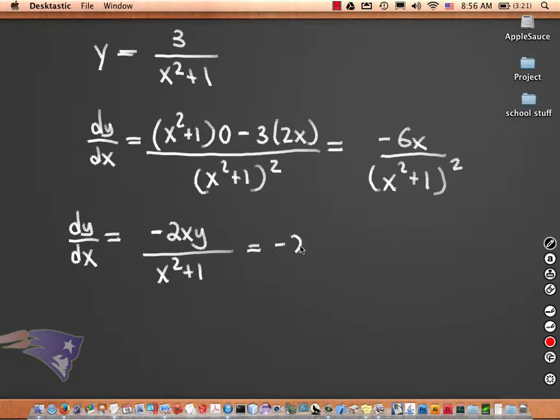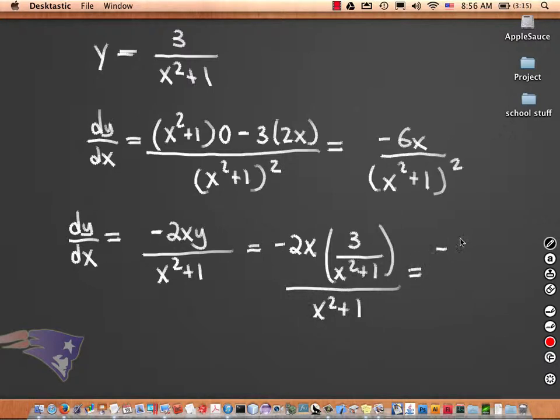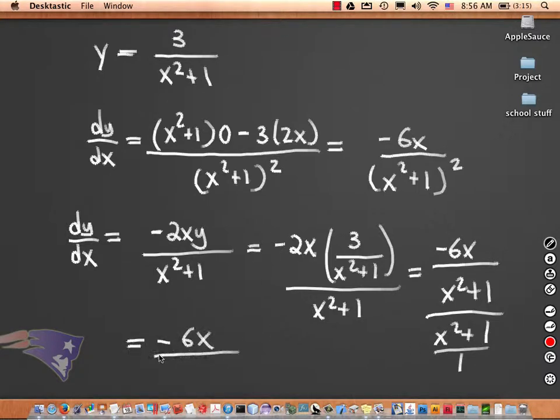So this becomes negative 2x times 3 over x squared plus 1, over x squared plus 1. That's equal to negative 6x over x squared plus 1, over x squared plus 1. And this reciprocates, giving me negative 6x over x squared plus 1 squared.